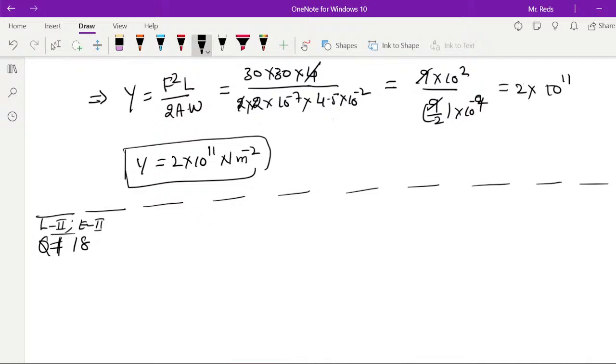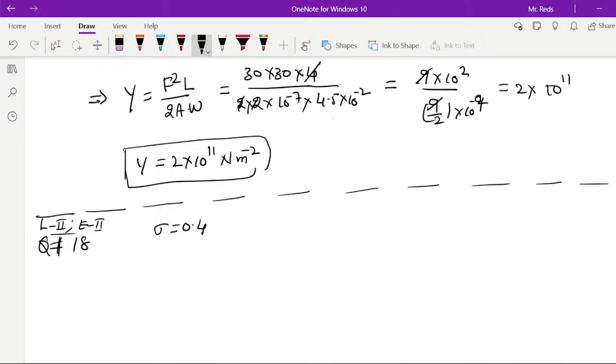It is given that the Poisson's ratio of a material is 0.4. Poisson's ratio symbol, sigma, is equal to 0.4. If a force is applied to a wire of this material, then there is a decrease in cross-sectional area by 2%. Change in area is given.